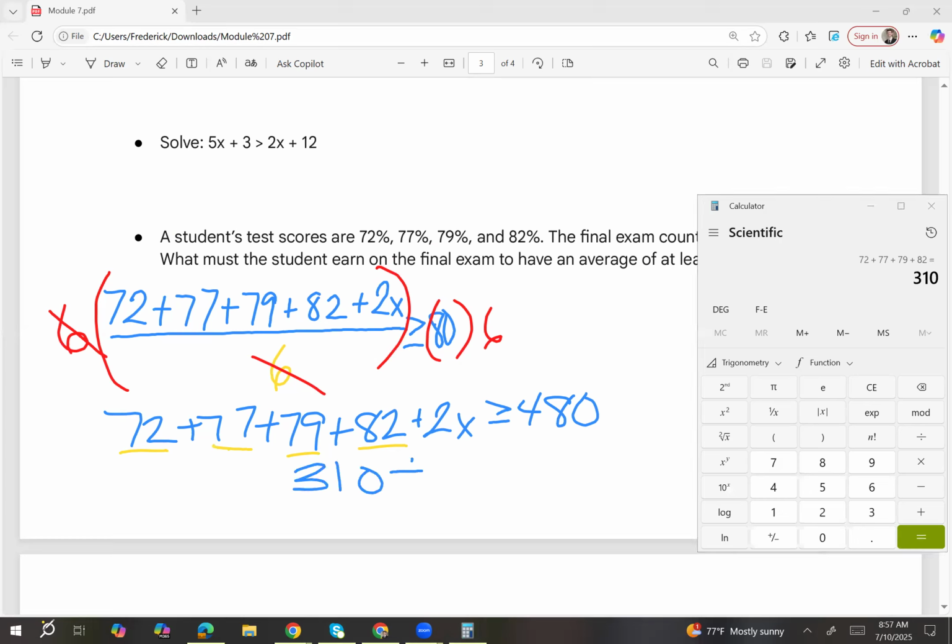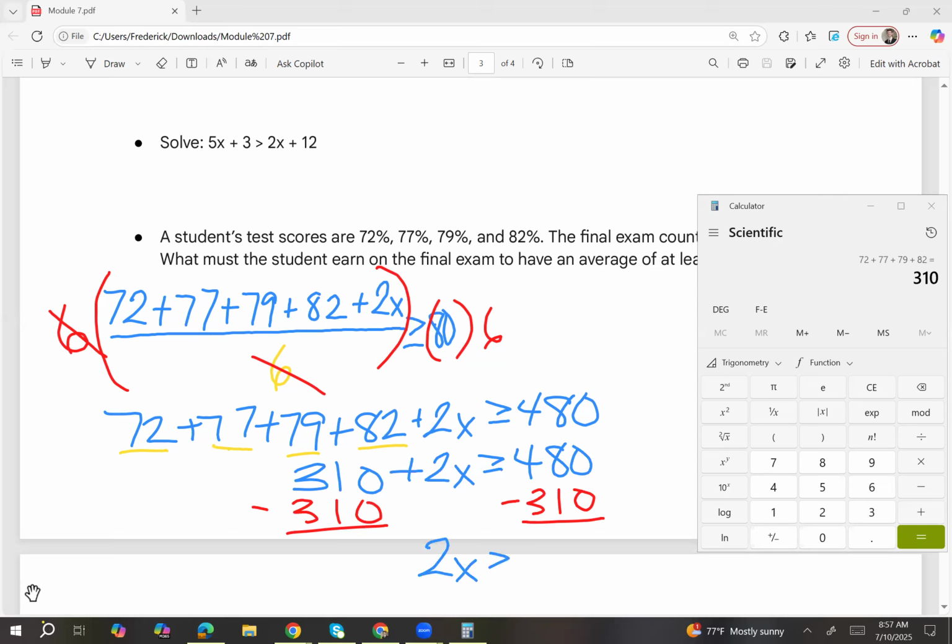Now notice we have number plus variable greater than or equal to number. So we need to move the number that's next to the variable term to the other side to join with that 480. The minus 310 on both sides. That's going to leave us with just 2x on the left-hand side.